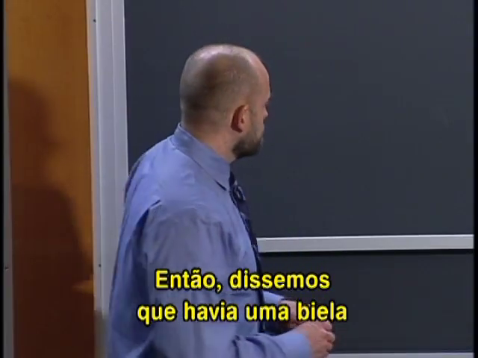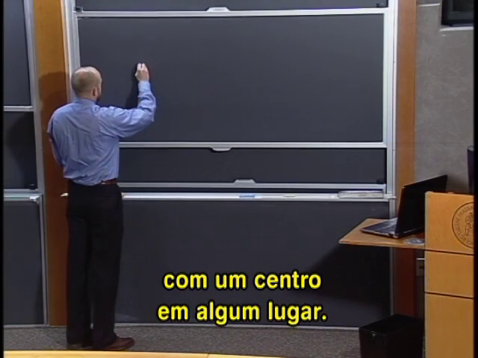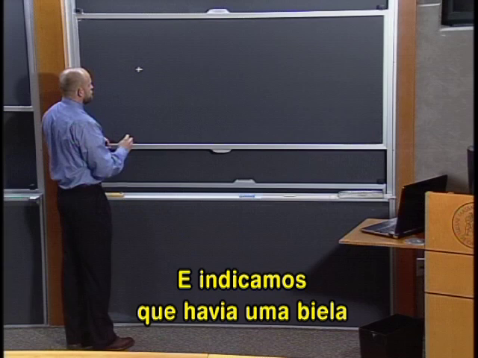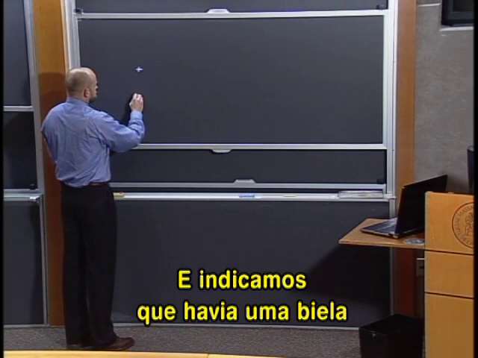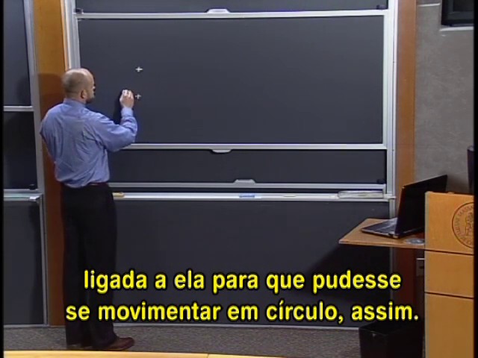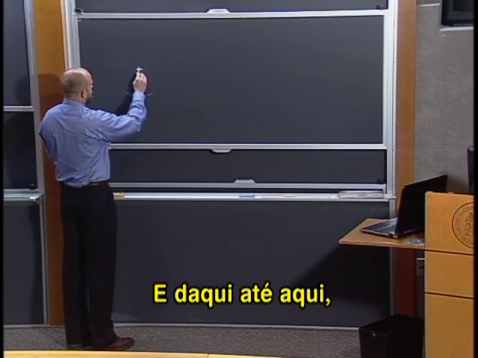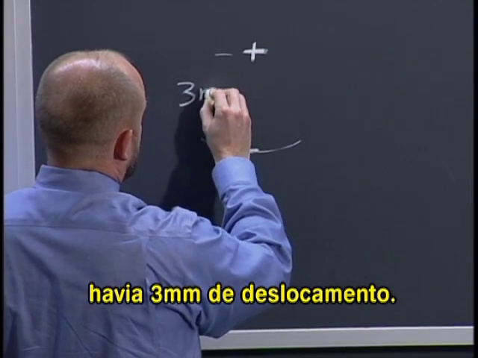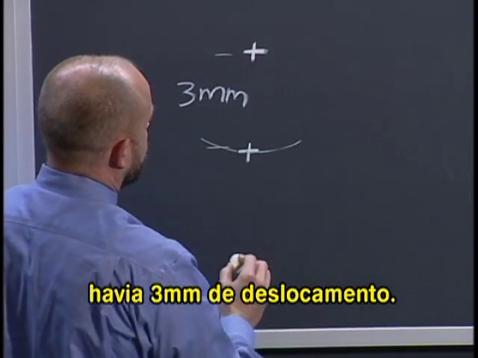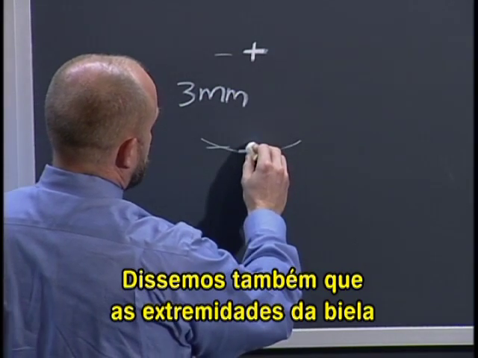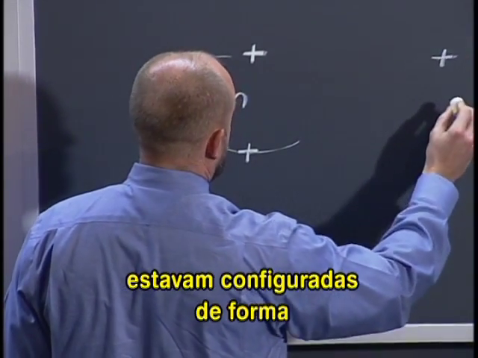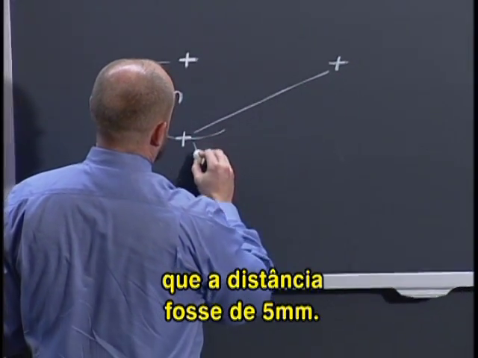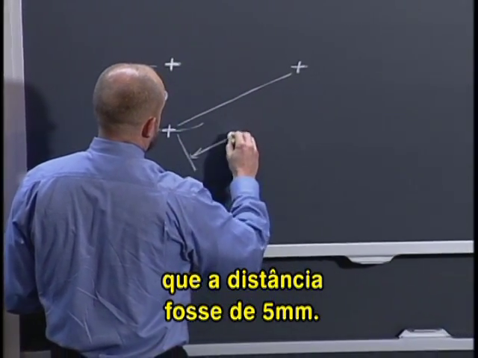So we said that there was a connecting rod and it had a center at some location, and we indicated that there was a link to it so that it could move in a circle like this, and that from here to here there were 3 millimeters of displacement. Then we further said that the connecting rod, its two ends, were configured so that there was a distance of 5 millimeters.